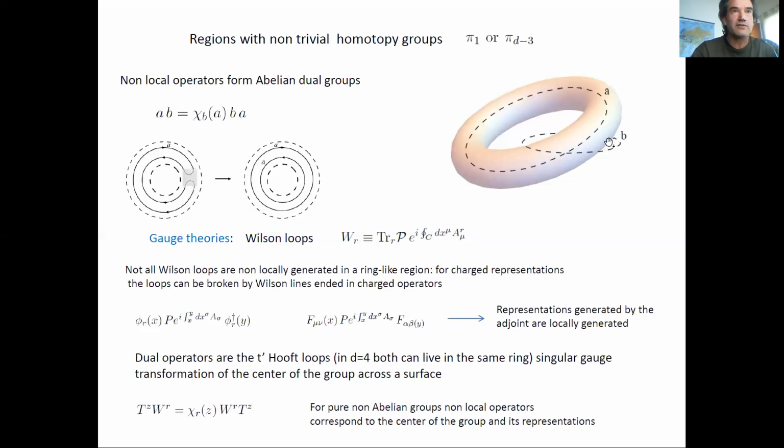But the group element that you use to do the gauge transformation has to be an element of the center, in order that this surface operator does not depend on the position of the surface you use to produce the gauge transformation. So this gives us another way of producing violation of additivity and duality, but for different types of topologies.